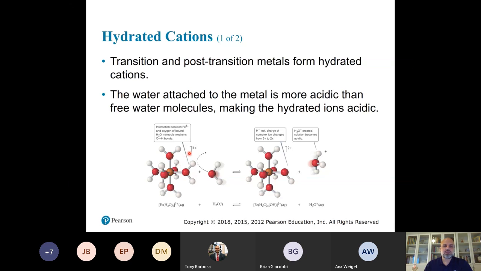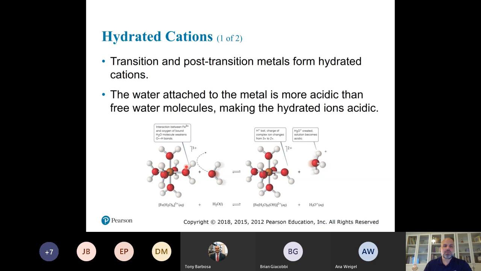The iron has a 3+ charge on it, and that 3+ charge overall isn't very stable. So by donating electrons, you end up in a situation where the oxygen atoms are donating their lone pairs to that central iron atom, and they stabilize the 3+ charge.